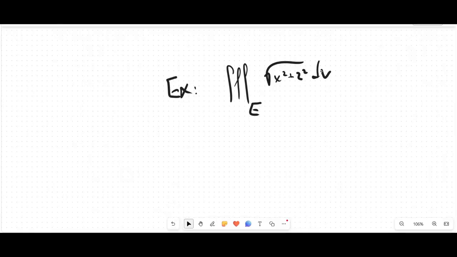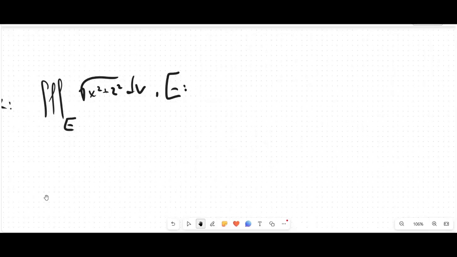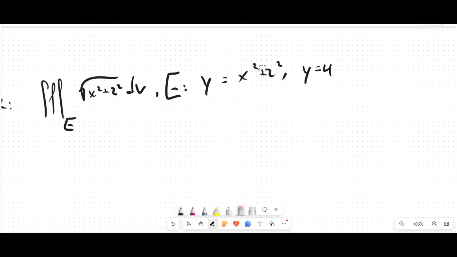Back to the volume. But E now, this is what it tells us. E is given by, it's between two things: the paraboloid y equals x squared plus z squared and y equals 4. Last one, bear with me.